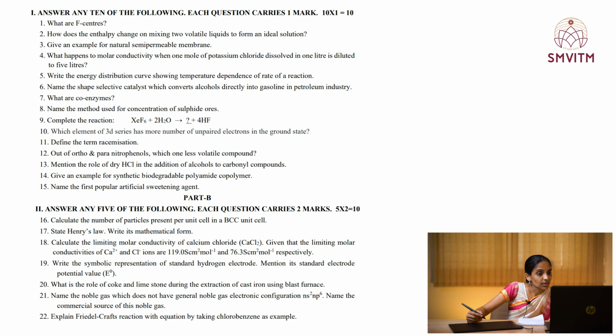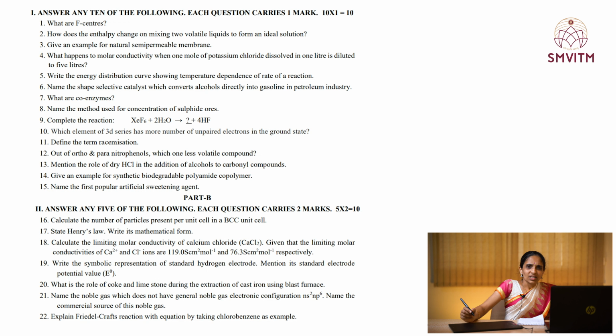It is nothing but para nitrophenol, is it not? Ortho nitrophenol has intramolecular hydrogen bonding, hence it is more volatile, but in para there is intermolecular hydrogen bonding, hence it is less volatile. So the answer is para nitrophenol.